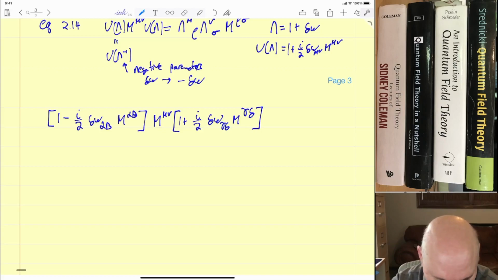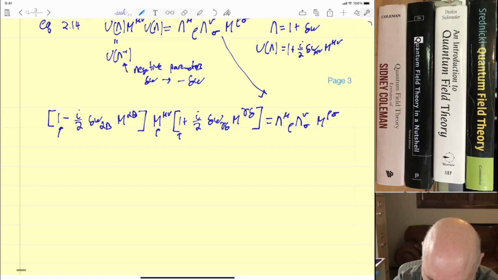So now I want to show that this is equal to lambda mu rho lambda nu sigma M rho sigma. Once again, we're going to have a 1, an M, and a 1, so that's just the same thing as M. So I get M mu nu.